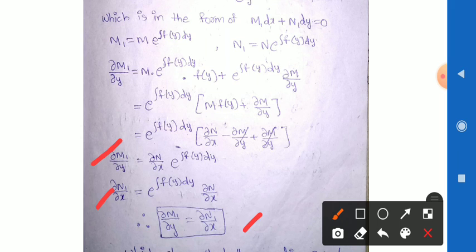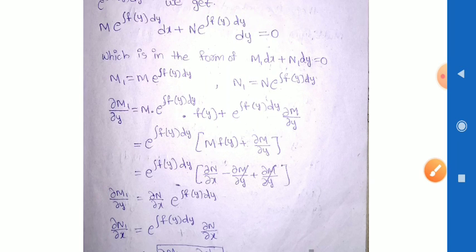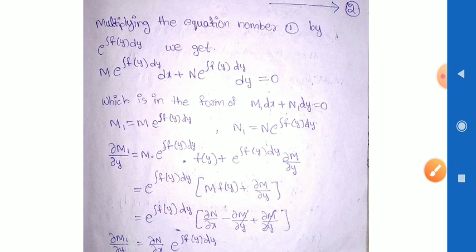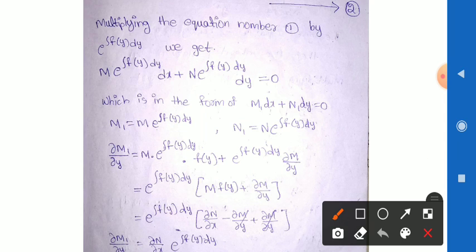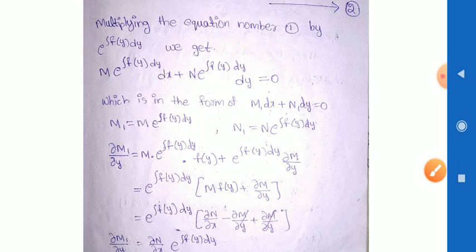Therefore ∂M1/∂y = ∂N1/∂x. Then we get the equation M1 dx + N1 dy = 0, which is an exact differential equation. Then we know that e^(∫f(I)dy) is an integrating factor.